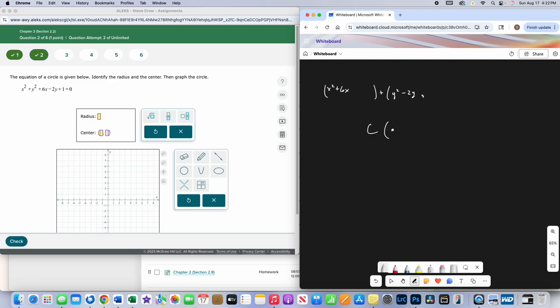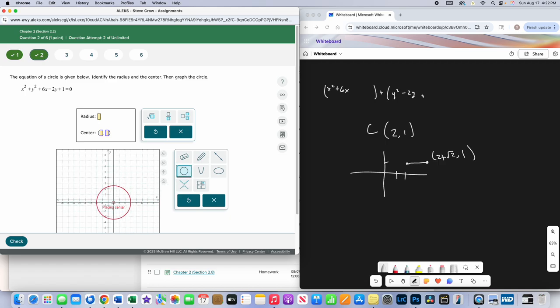Never mind. But anyway, let's go back. The center is at 2, 1, and remember the other point, 1, 2. We're up here at 1. The next point, this point here, that would be 2 plus square root of 2, 1. All right. So what you would need to do there is you would plot, and of course, this isn't going to be the correct answer to this problem, but you would plot your center.